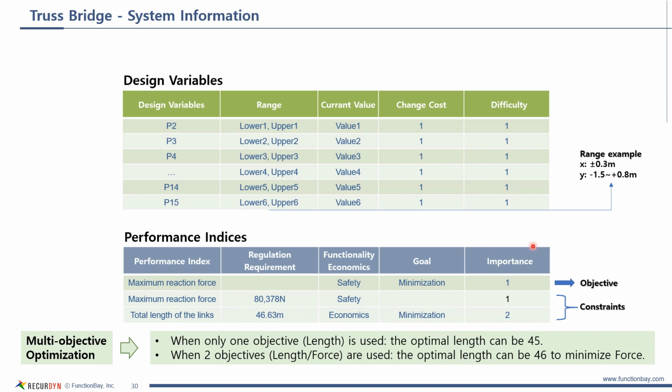So here, only the minimization of the reaction force is used as an objective because it is more important. If minimization of the total length is more important, it is possible to use it as the objective. For this example, the conditional statement for max reaction force and the total length of the links are chosen as constraint.